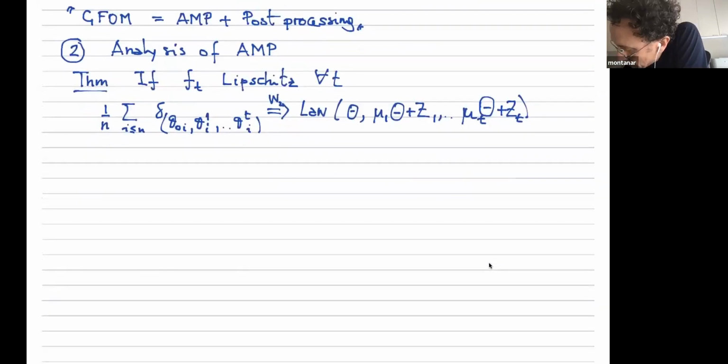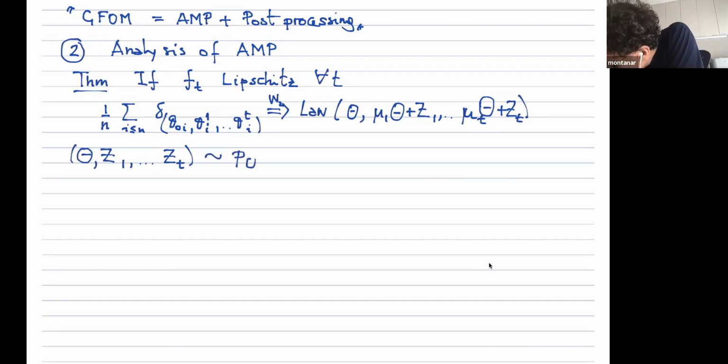Where these random variables are defined like this: Z1, ..., Zt, and theta are distributed as mu, P theta, the law of theta, times normal 0 with a certain covariance.